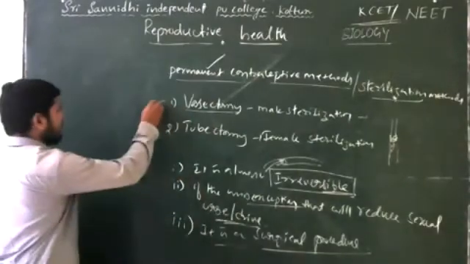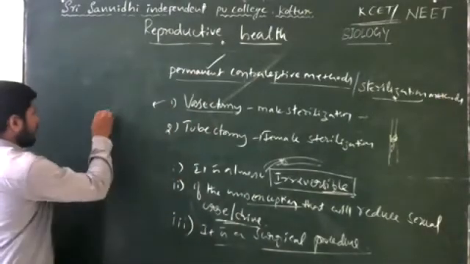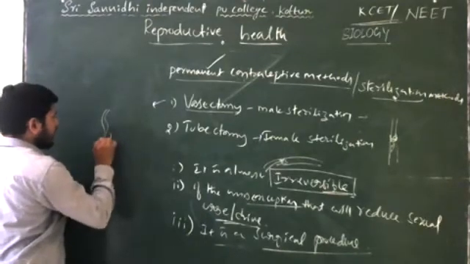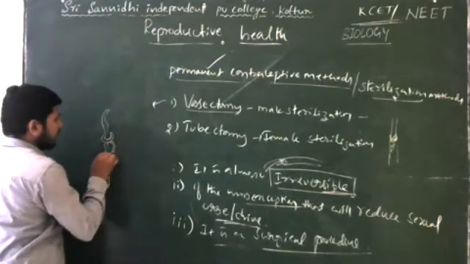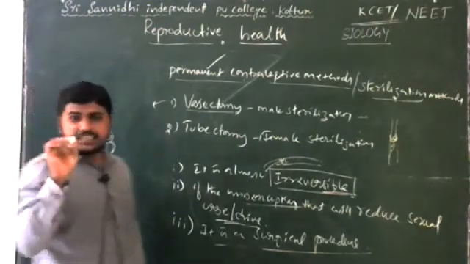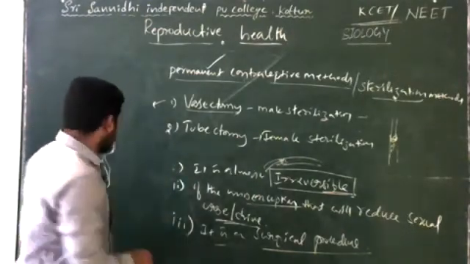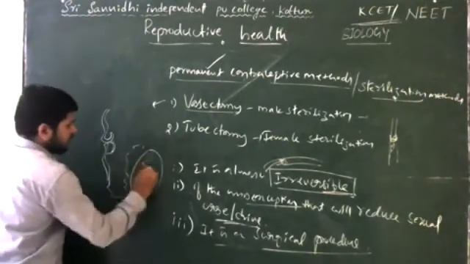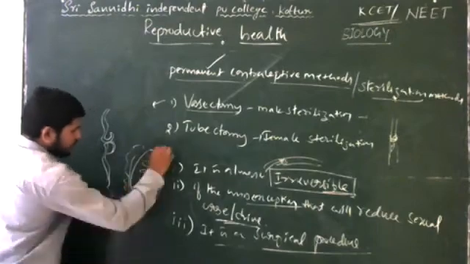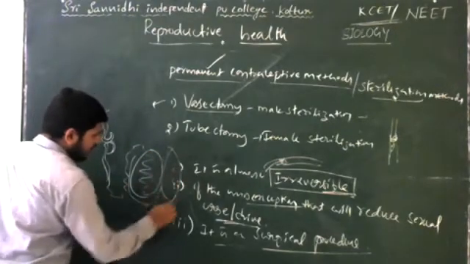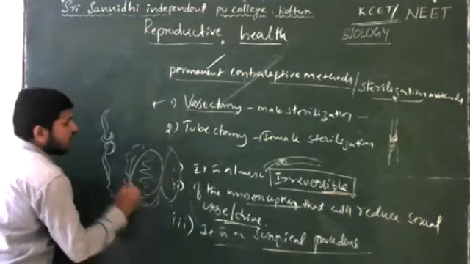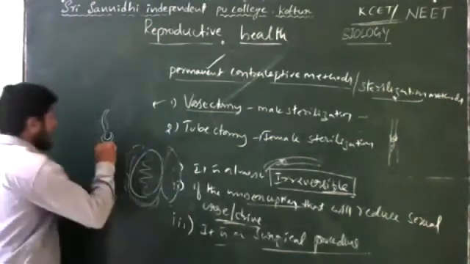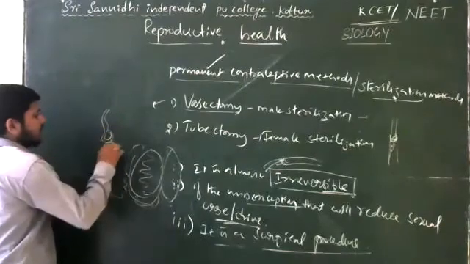In case of vasectomy, a small portion of the vas deferens will be cut and retied by making a small incision in the scrotum. For example, this is the testis, this is the scrotum portion.